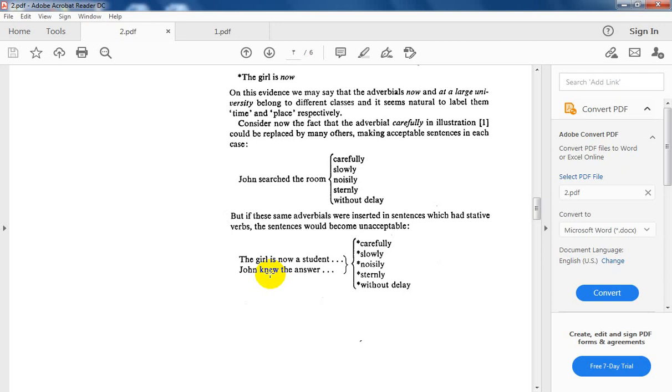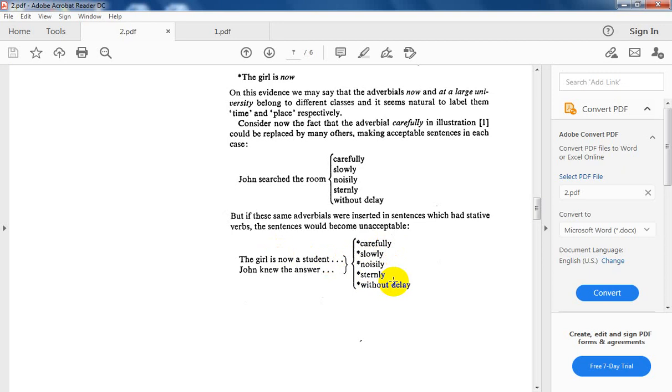But my question: why is it ungrammatical to add such kinds of adverbs here? We have said they are stative, but look: carefully, slowly, noisily, sternly, there is some sort of description. Description of what? Of an action.